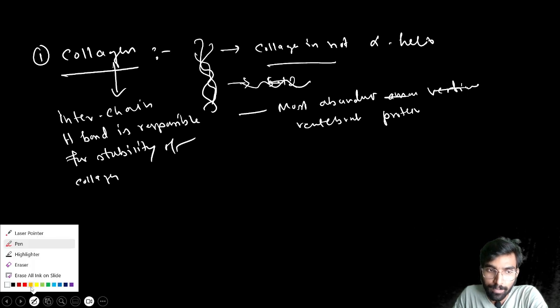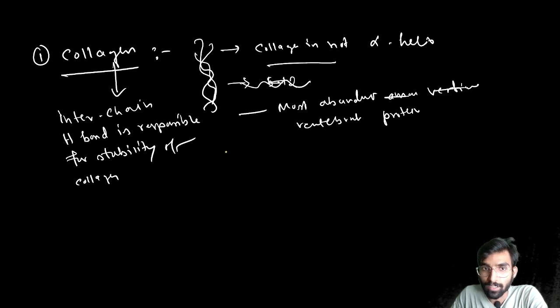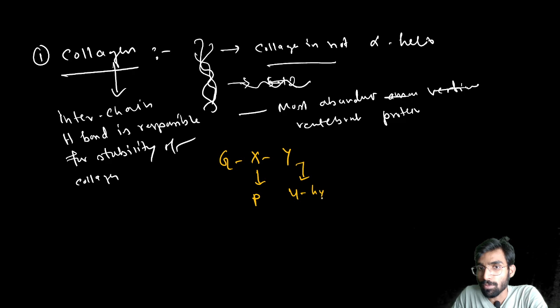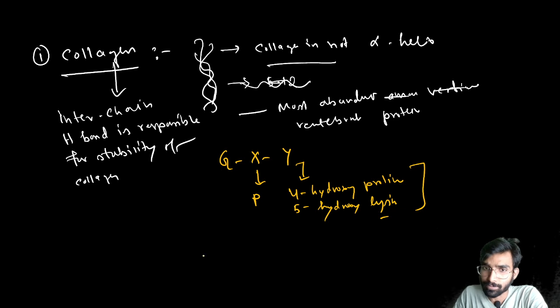The general requirement for collagen formation is G, X, Y: G is glycine, X is proline, Y is maybe 4-hydroxyproline or 5-hydroxylysine. Anything is possible.